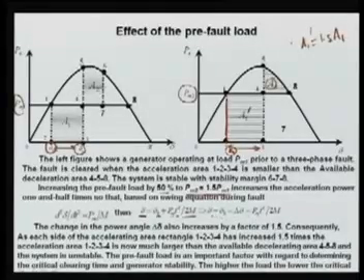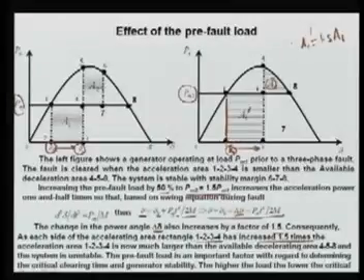Therefore the change in the power angle delta also increases by a factor of 1.5. Consequently, the oscillating area, rectangle 1, 2, 3, has increased by 1.5 times, and it is now much larger than the available de-oscillating area 4, 5, 8, meaning this area is much less compared to this area.